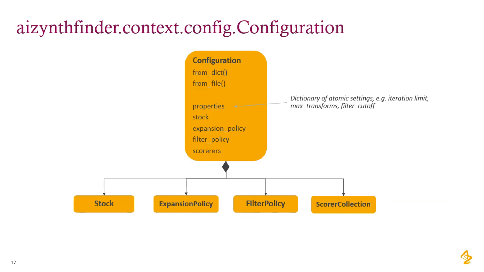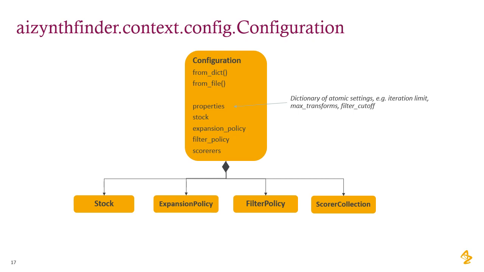The last package I will talk about in the context package is the config and the configuration class. So this basically brings all the other container classes together. So it holds a stock, expansion policy, a filter policy, and a score collection class. And it also holds a dictionary of atomic settings called properties, which are used to control the search, the setup, and so on.